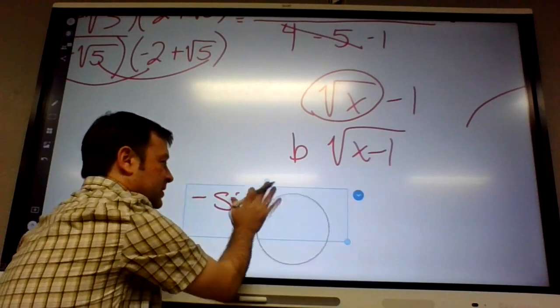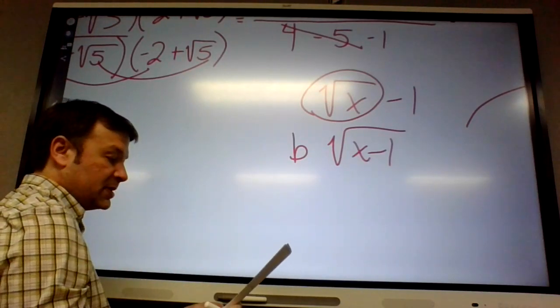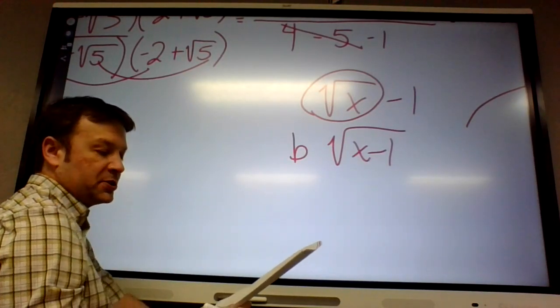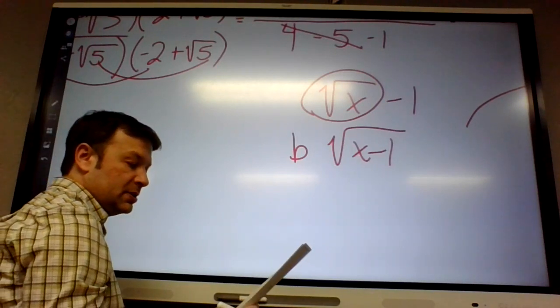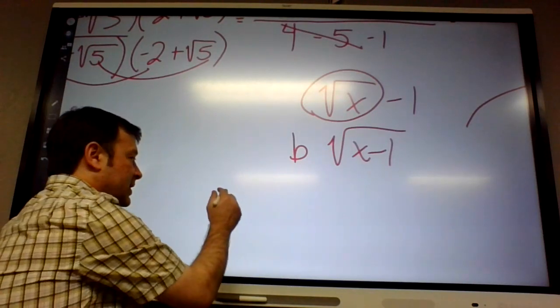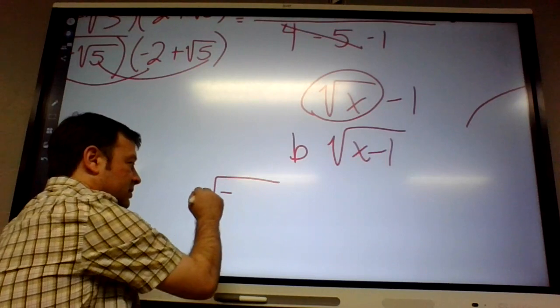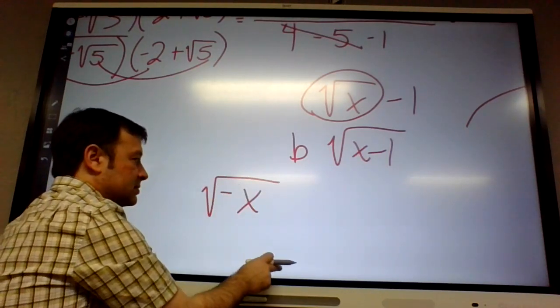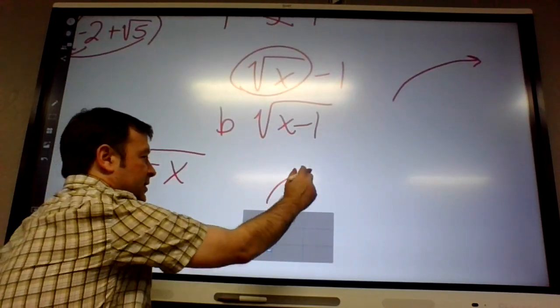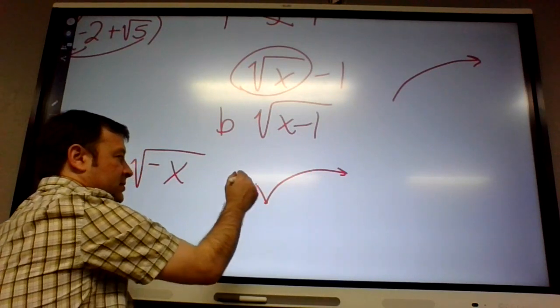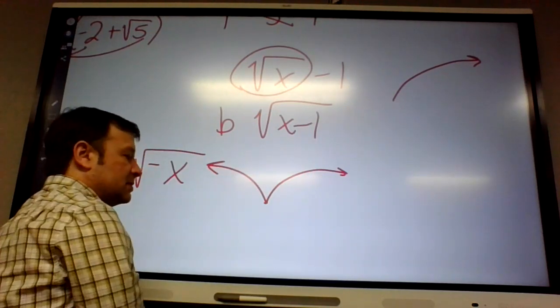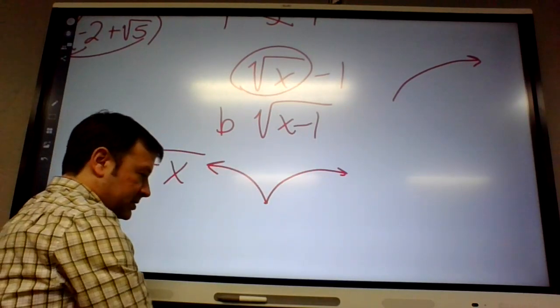Anyways, there's a negative out in front of everything, it goes upside down. So that would be like option D. The +1 moves it left 1. And what if the negative is directly on the x? It flips the x in the x direction. So it's the A option.